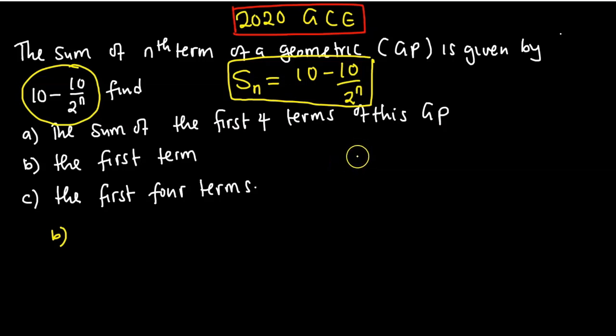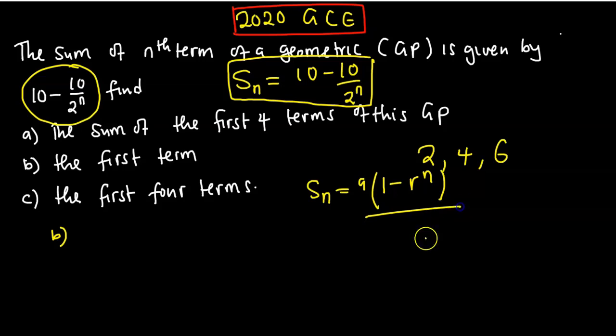To find the first term, look at this. You are going to get this formula. Let me just put up the numbers: 2, let's say 4, let's say 6. From this formula, the sum is equal to a times 1 minus r to the power n over 1 minus r.